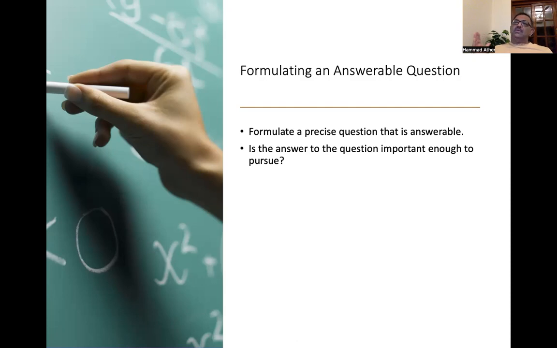So you need to ask right from the beginning, is the answer to the question important enough for you to pursue? If the answer is pretty trivial and is not going to make any impact, the question really is, should you pursue taking the pain of conducting a study?